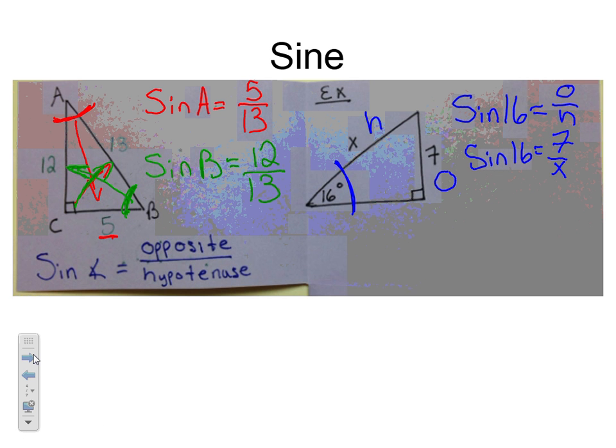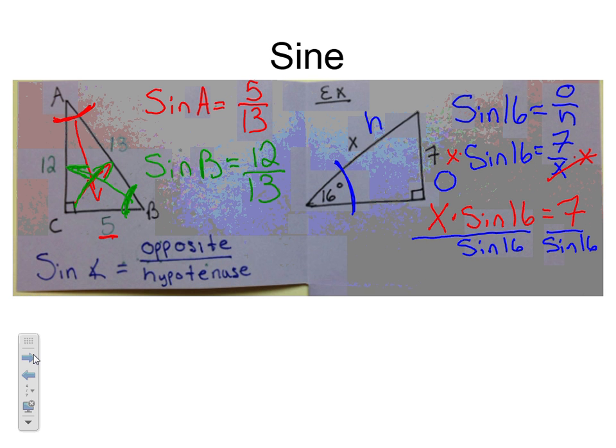Now our goal is to get x all by itself. So first we're going to get x out of the denominator, and we're going to multiply it by both sides. Here it's going to cancel. Over here we're going to get x times the sine of 16 equals 7. Now to get x by itself, we're going to divide both sides by the sine of 16.